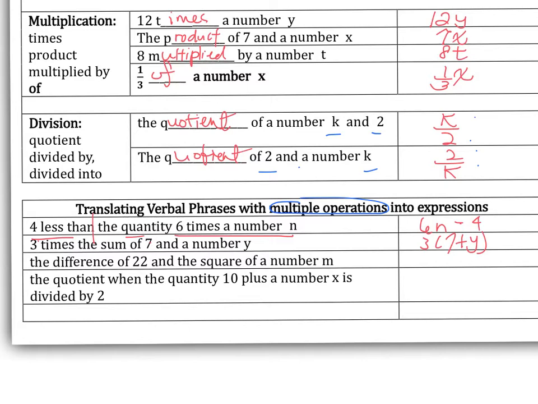The difference of 22 and the square of m, which is just m squared. The quotient when the quantity 10 plus the number x, so this is together, 10 plus x, is divided by 2.